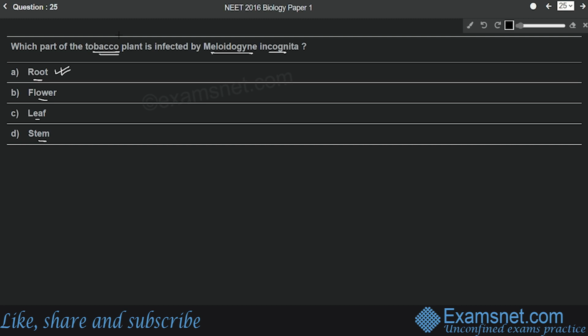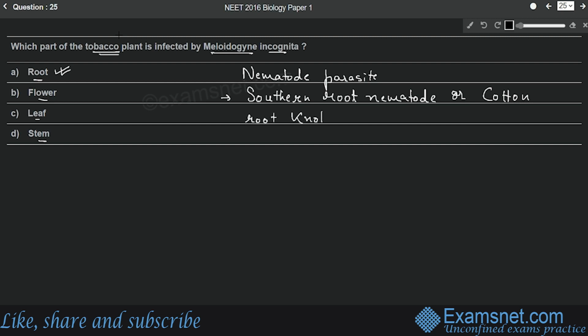Okay, so Meloidogyne incognita is actually a nematode parasite and it affects the roots of plant, so it is also known as southern root nematode or cotton root knot nematode.